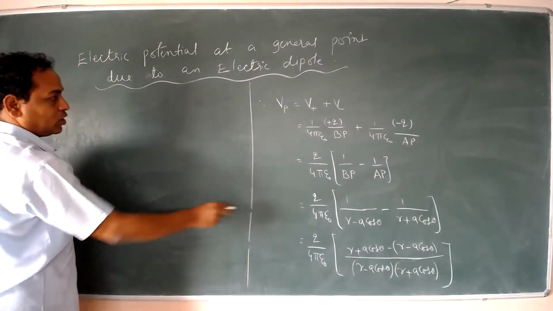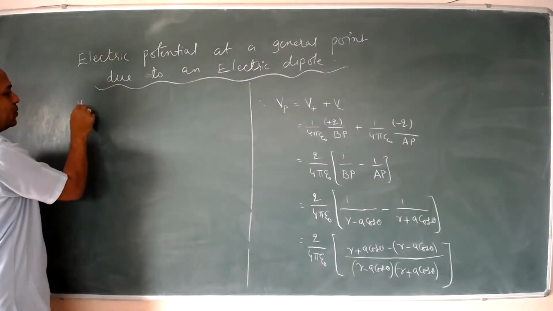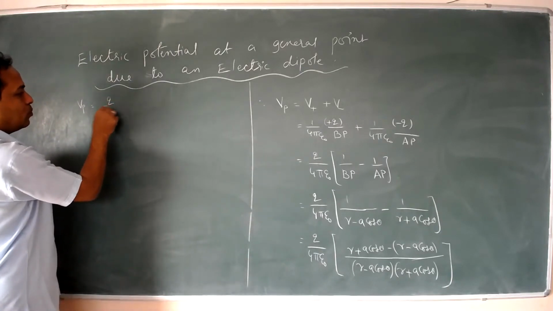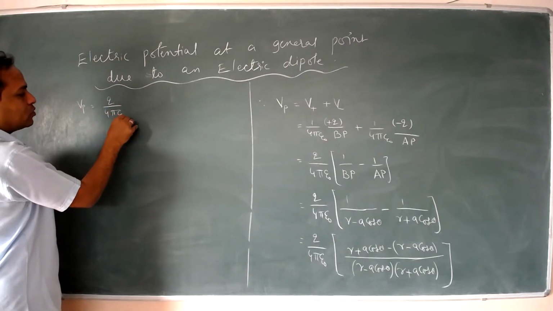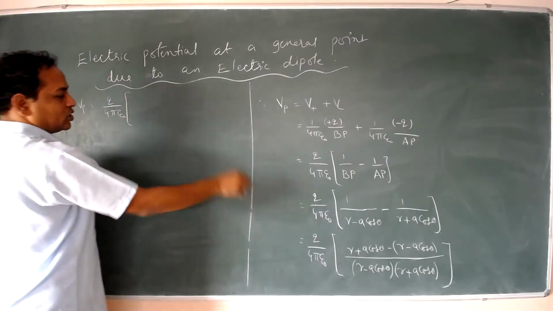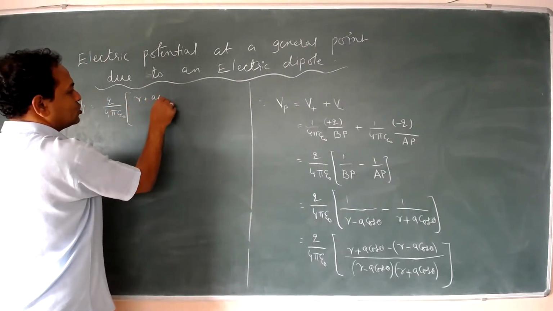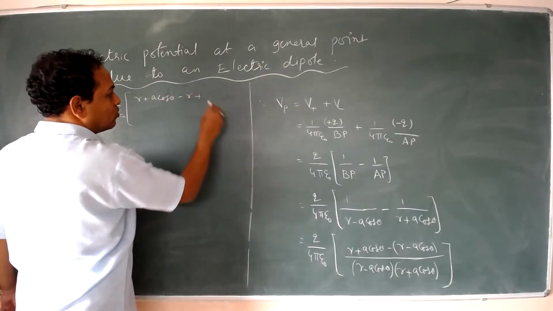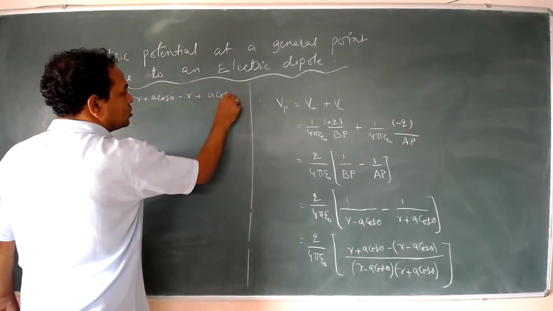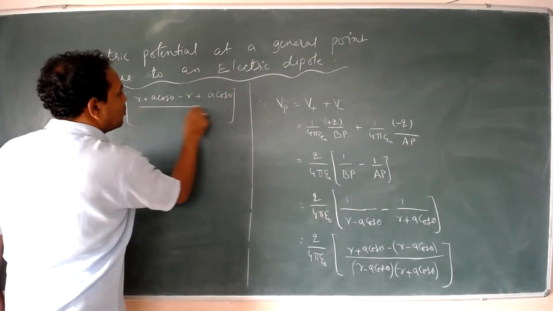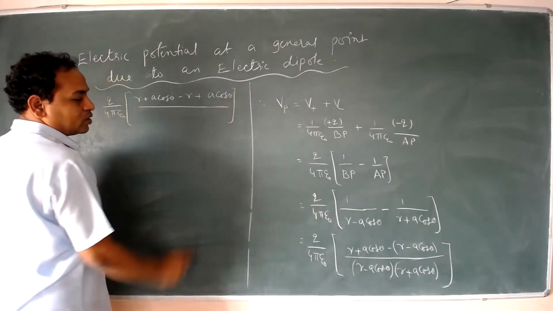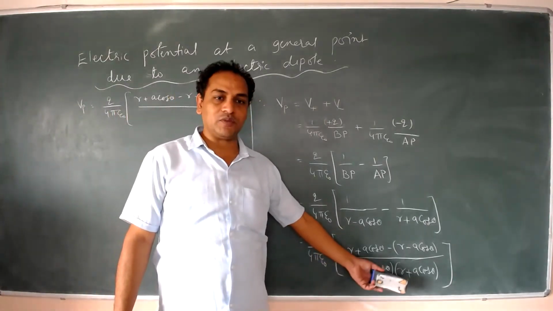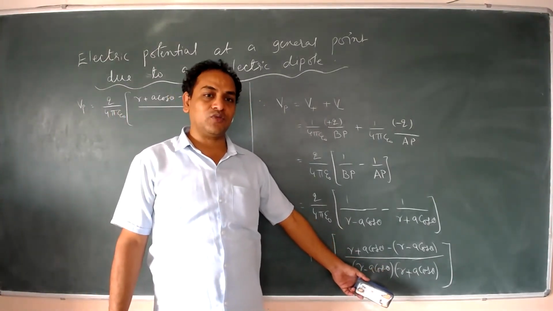So therefore, Vp is equal to Q by 4 pi epsilon naught into, this can be written as R plus A cos theta minus R, minus of minus becomes plus A cos theta, whole divided by what is left there. See here, the formula is like a minus b into a plus b, so I can write it as a square minus b square.